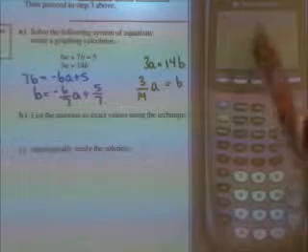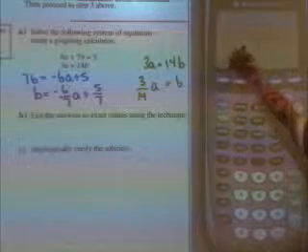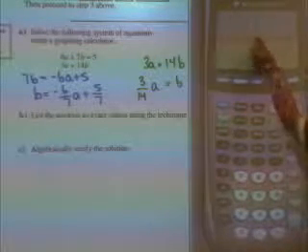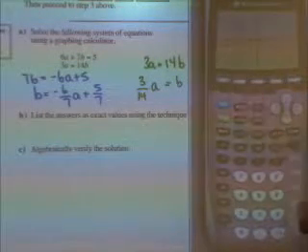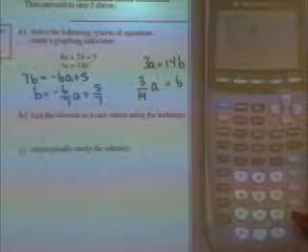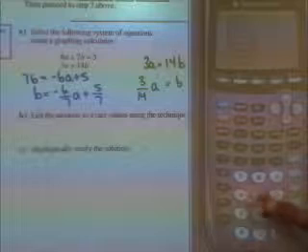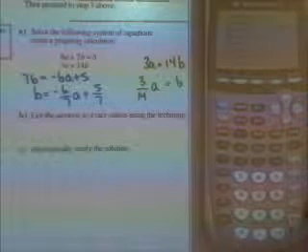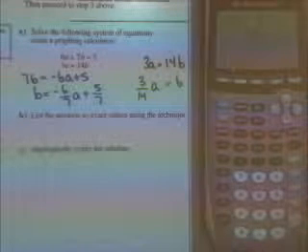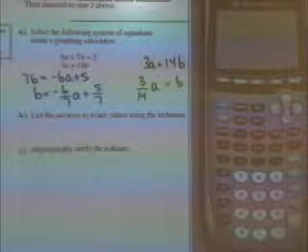Instead of going from positive 10 to negative 10, I could go from like positive 3 to negative 3. On my x's, the same thing. So if I adjust my window settings, even if I went with negative 4 to positive 4, negative 4 to positive 4, graph this again, and now I can see a better portion of the graph.